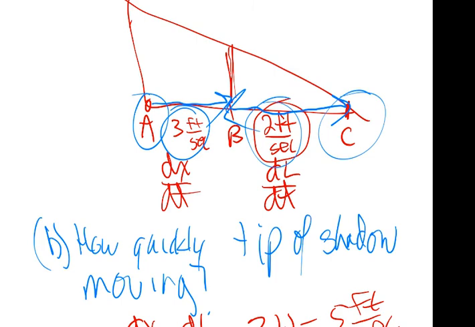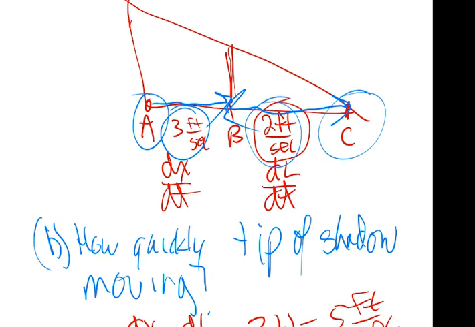And when they say that, they'll say, how quickly is the tip of the shadow moving? And that's relative to the post. It has to be. Okay, so two questions, that's it. And this is almost always the given quantity right there, although you could ask how fast the skateboarder is given one of these other quantities.